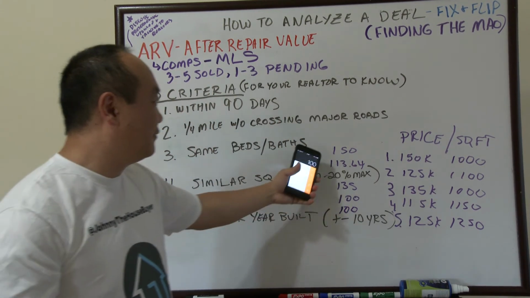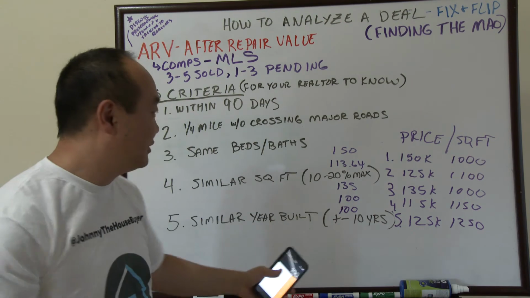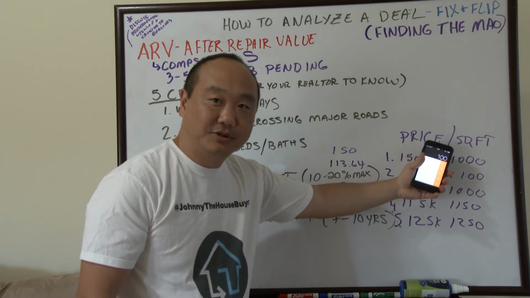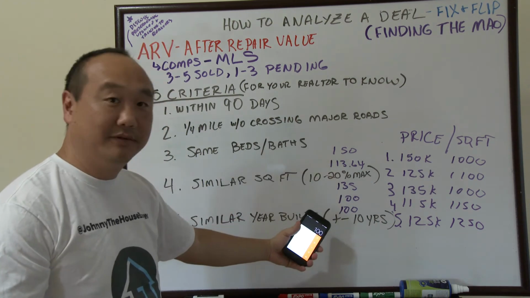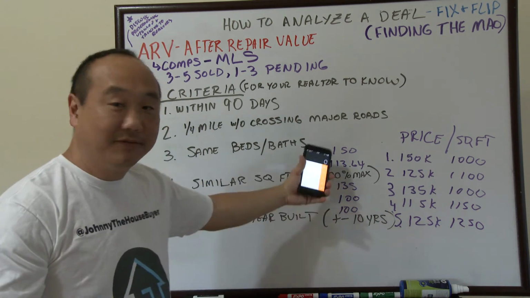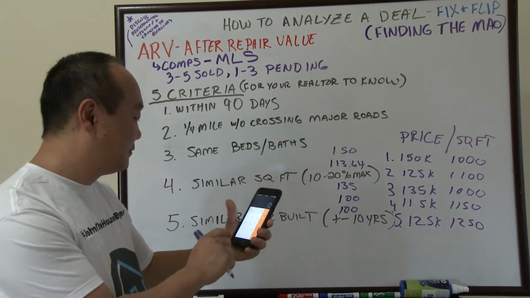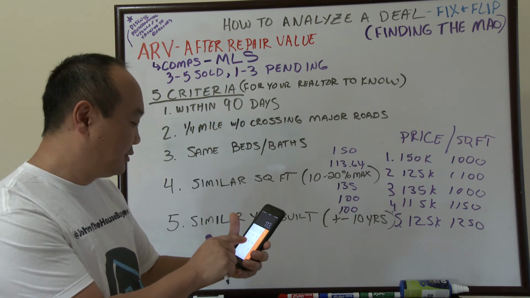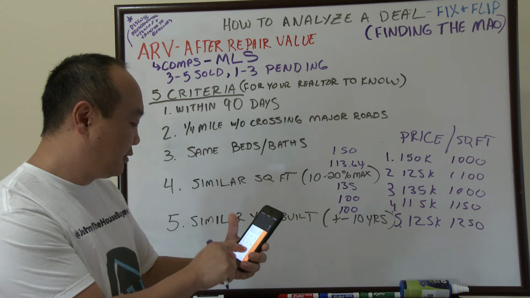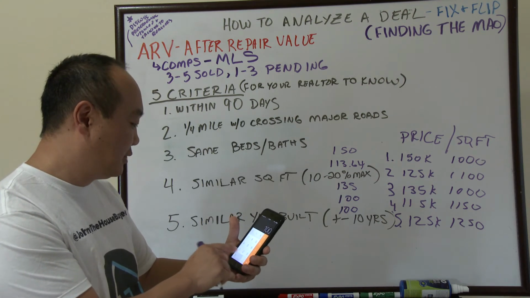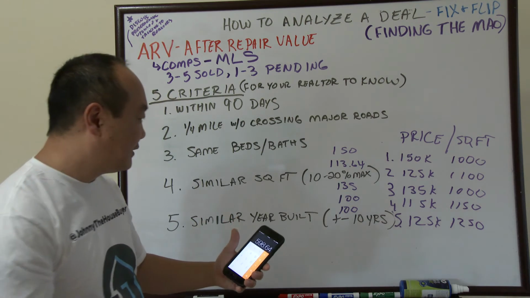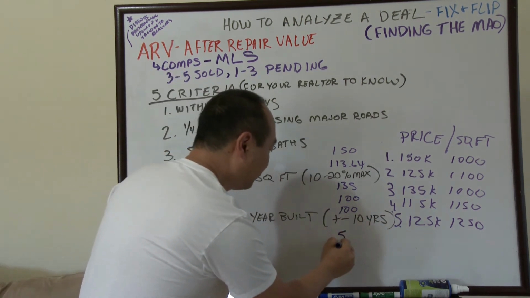So we have 5 values for price per square foot. We're going to take those 5 and divide by 5. 150 plus 113.64 plus 135 plus 100 plus 100 gives us 598.64.